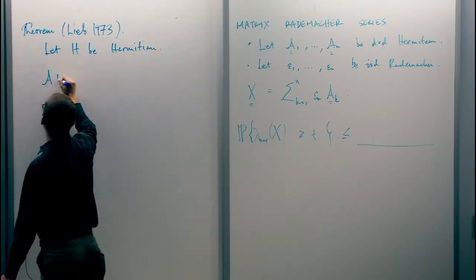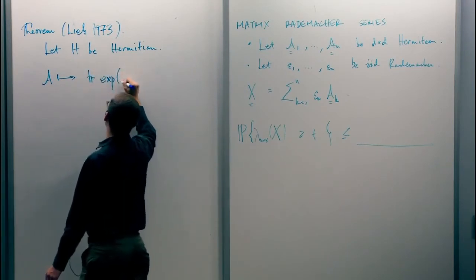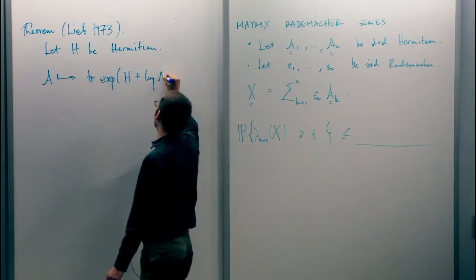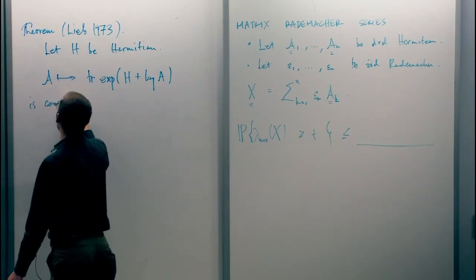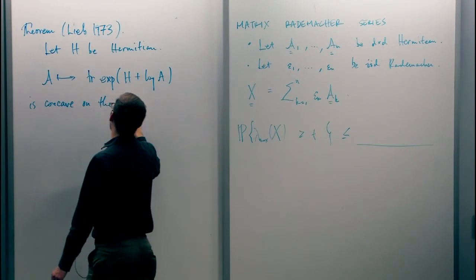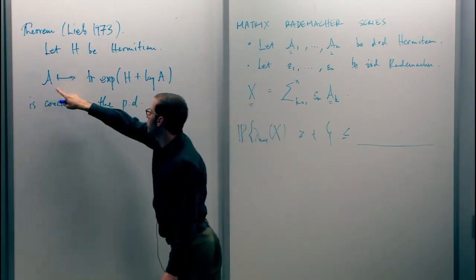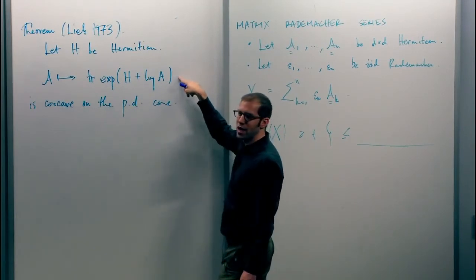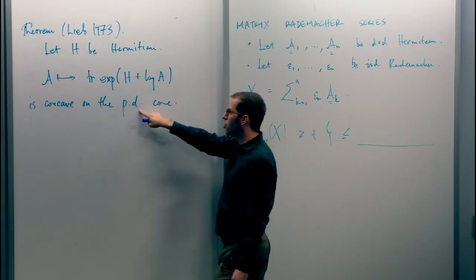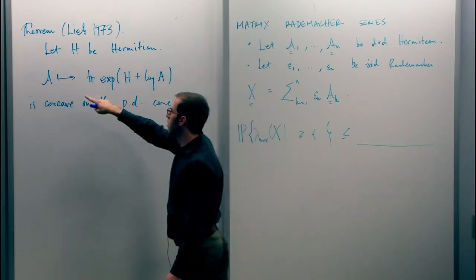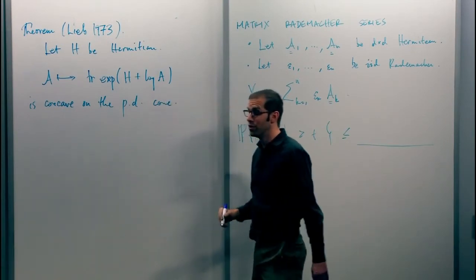Then the map from A to the trace exponential of H plus log A is concave on the positive definite cone. So this takes a positive definite matrix A and spits out a number, and on the collection of positive definite matrices, this function is concave.